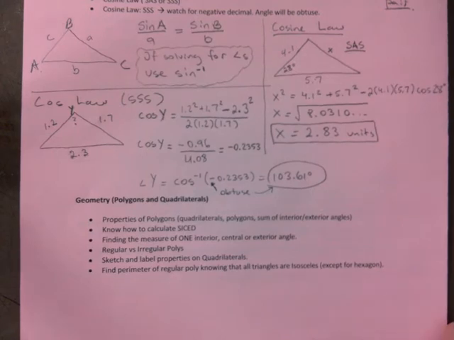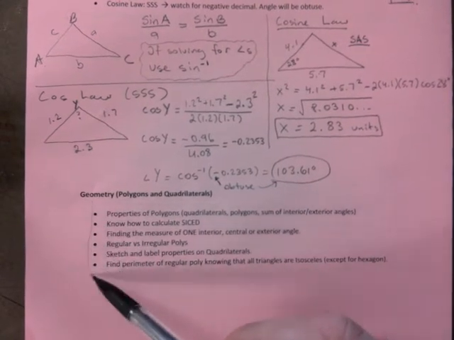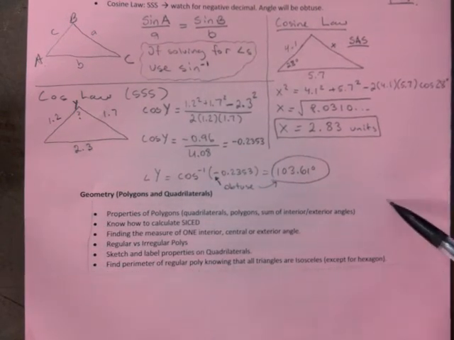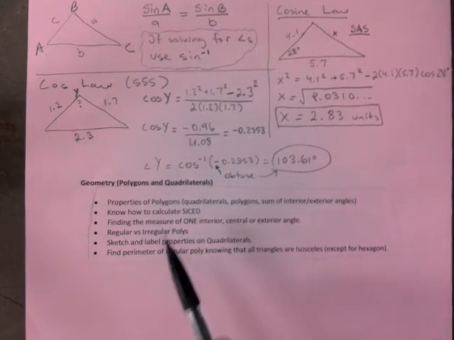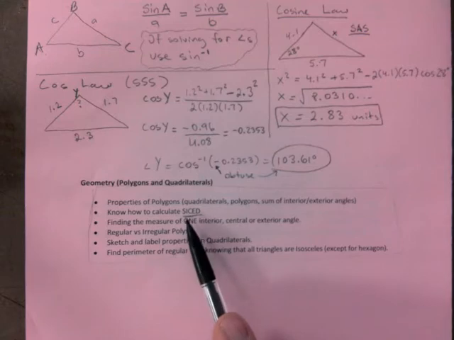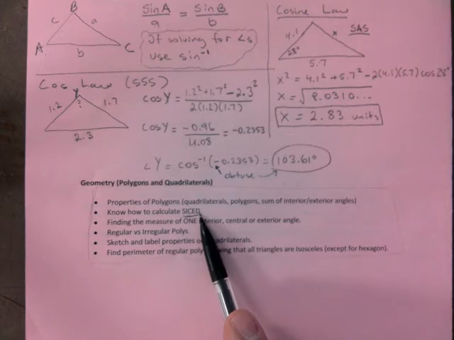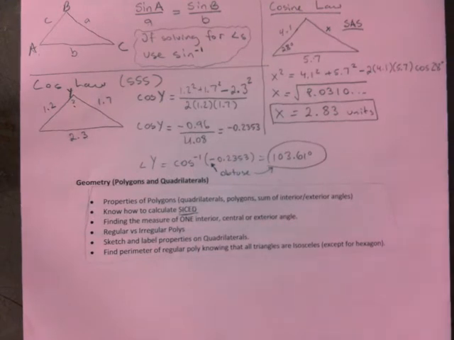I'm going to stop there. Geometry, maybe I'll just talk about it a little bit later. But geometry, you know your size, right? Like your sum of angles, interior angle, central, exterior, and diagonals. There's formulas for all of them.